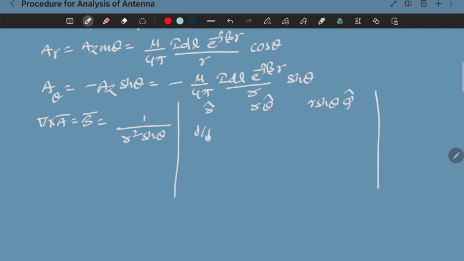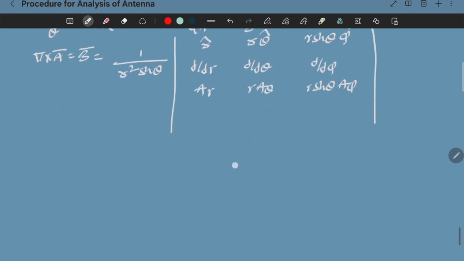For the del, we can write dou by dou r, dou by dou theta, and dou by dou phi. And for A bar, we have AR, and A theta, but the formula is AR, r A theta, r sin theta A phi. Now we'll substitute the things.